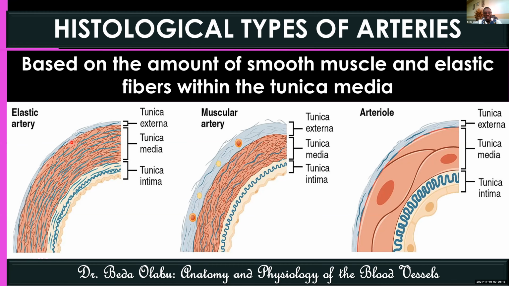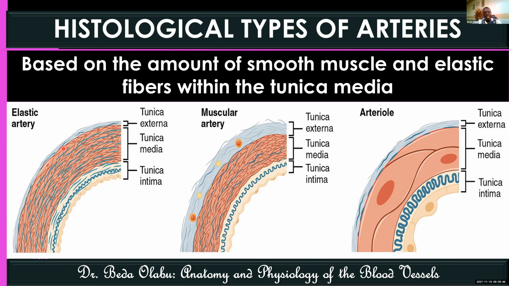It has a very thick tunica media, and that tunica media has several elastic fibers. In this image, perhaps the ones in, I don't know how to call that color. I would have called it blue, but I have a feeling I might be wrong. Anyway, that one. So the ones that look like that, those are elastic fibers.